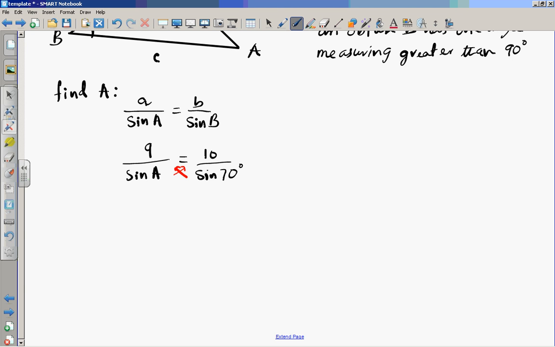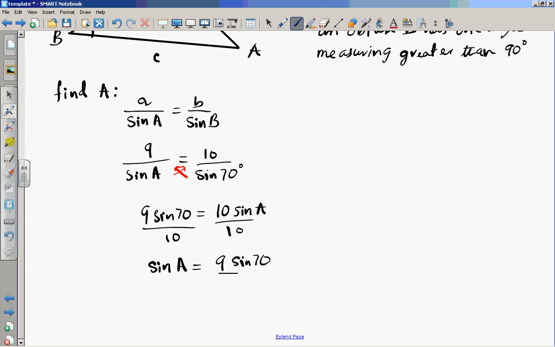I'll have 9 sine 70 equals 10 sine A. All right. How do I get sine A by itself? Divided by 10. So you're going to have sine A equals 9 sine 70 over 10.